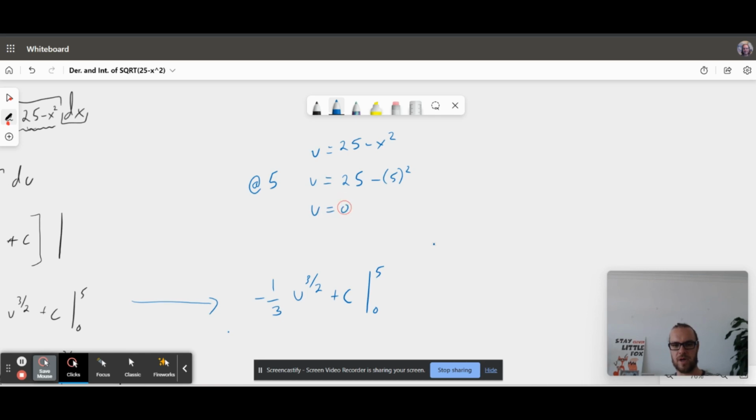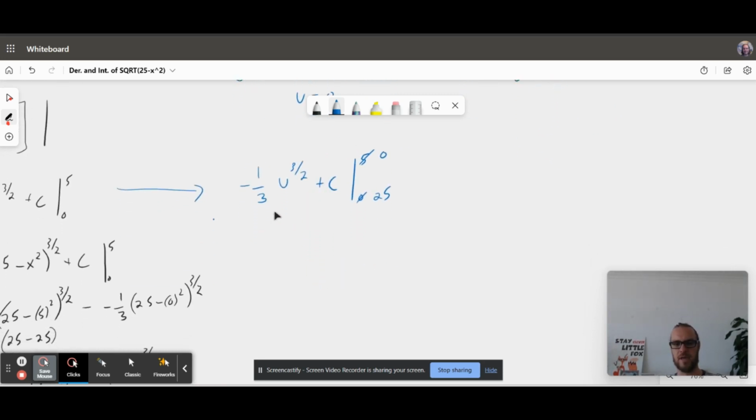That means that here we're going to get 0. So this boundary up here is going to become 0. Now our other boundary was at 0, which means that u is equal to 25 minus 0 squared, which simply means that it's 25. So we're going to change that 0 to 25. And this is what we would be evaluating between if we don't re-substitute back in and make it x's.